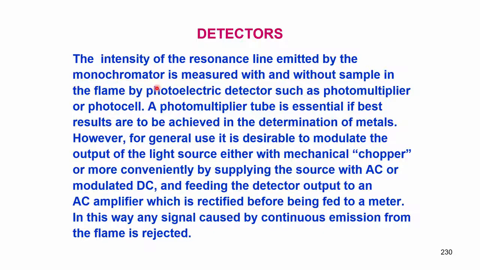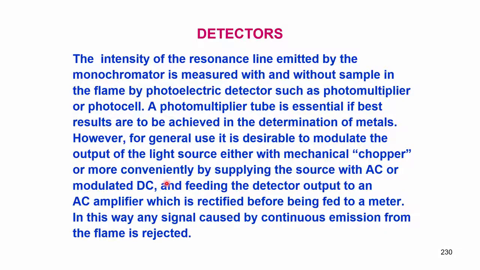If you wish to analyze several metals simultaneously, a diode array detector is much better, faster and simpler also. So, the choice of detector is only between multiple photomultiplier tube or diode array detector in the current instruments.